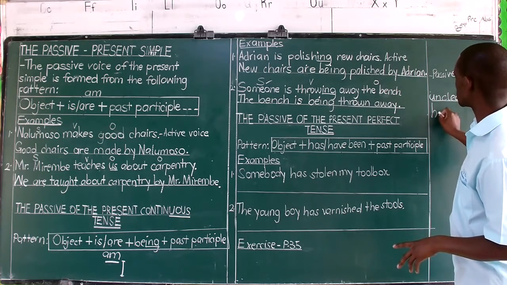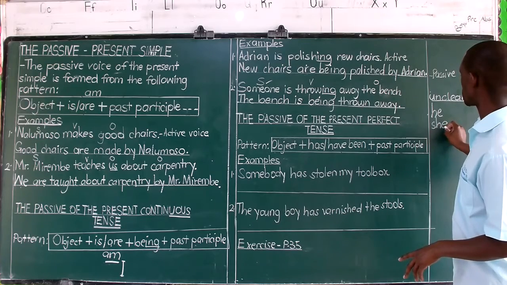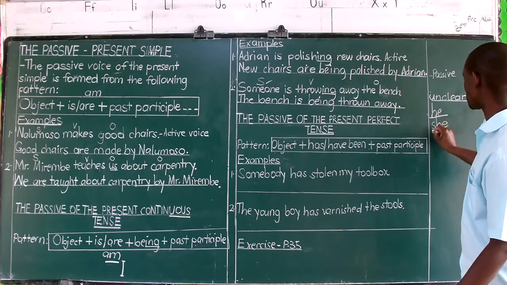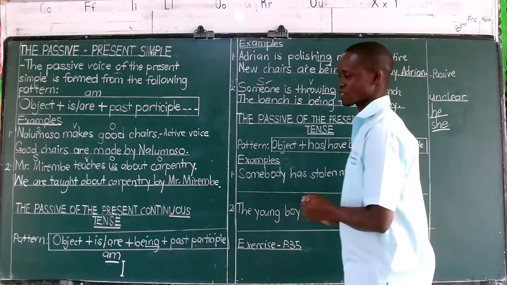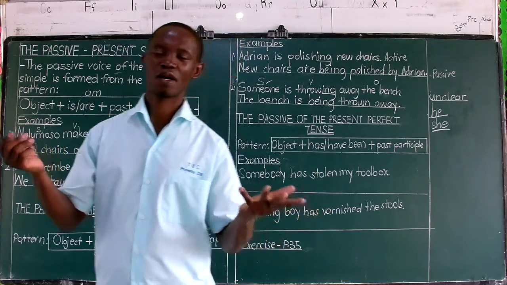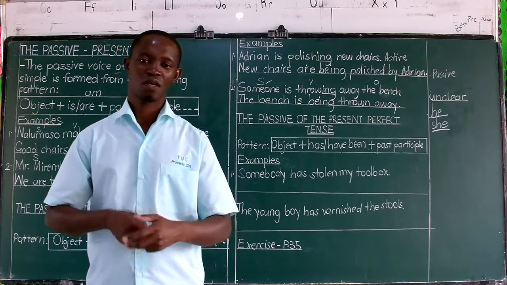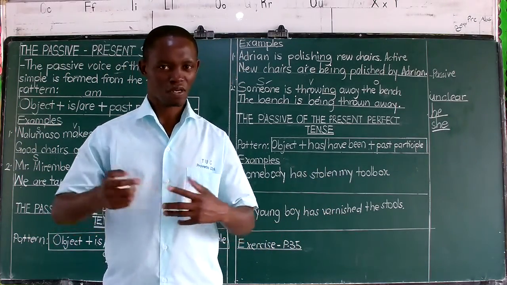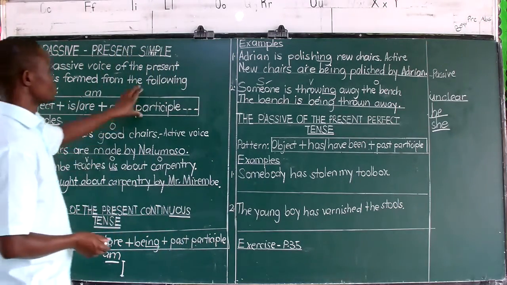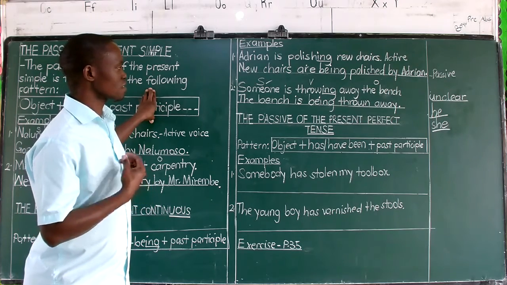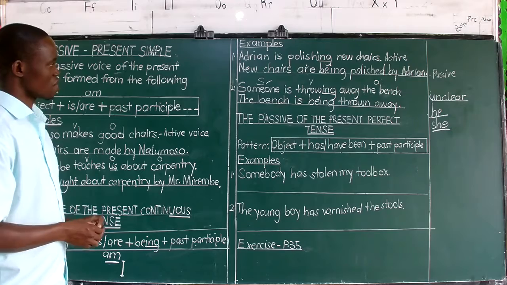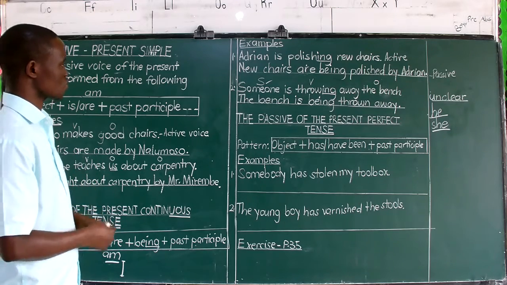Even pronouns: don't say "the lesson is being taught by him." Never. The lesson is being taught. Full stop. If I say, "They call me Annette," and I tell you to change that to passive voice, I am called Annette. Don't tell us "I am called Annette by them." It's not correct because "they" is an unclear subject. This should be our last example of a passive voice sentence in the present continuous tense.